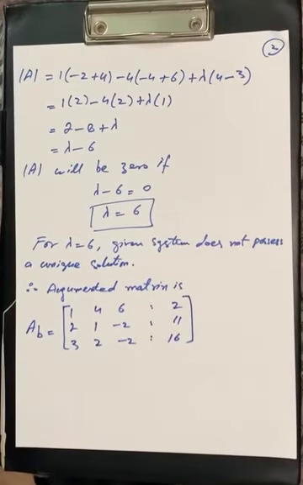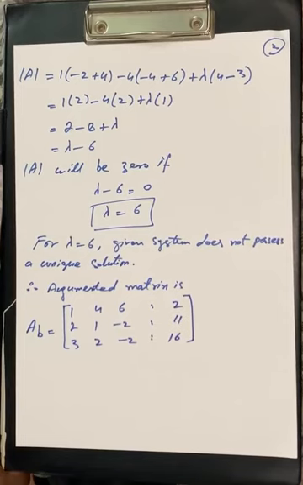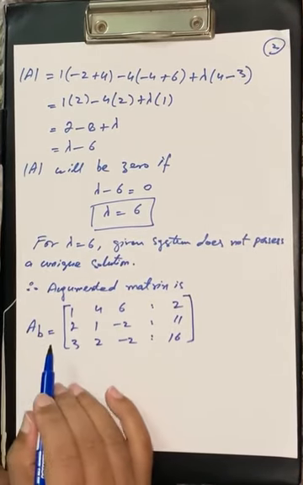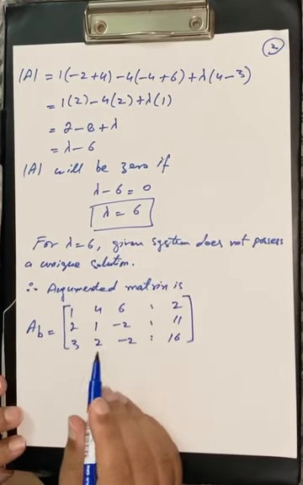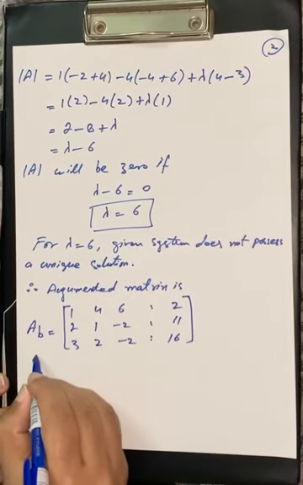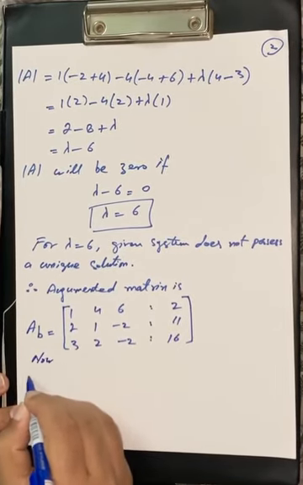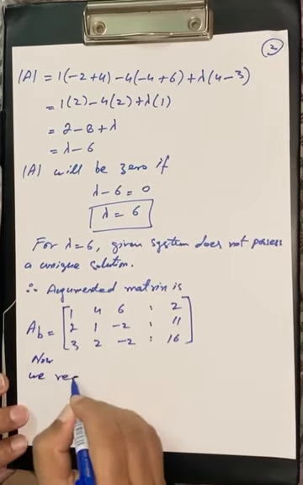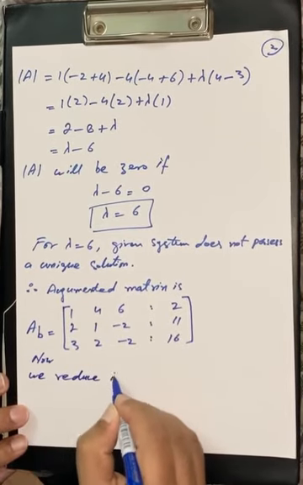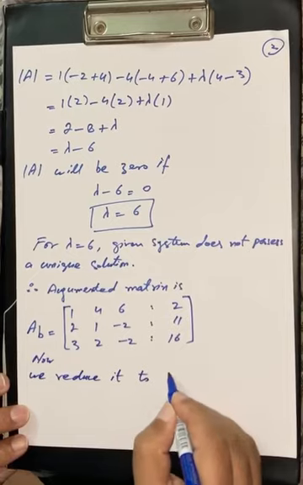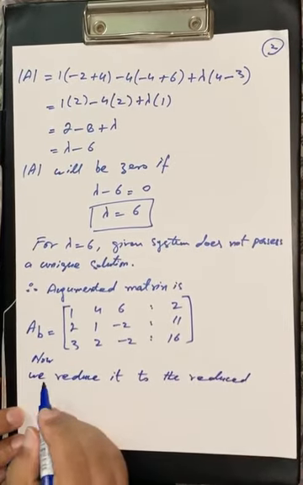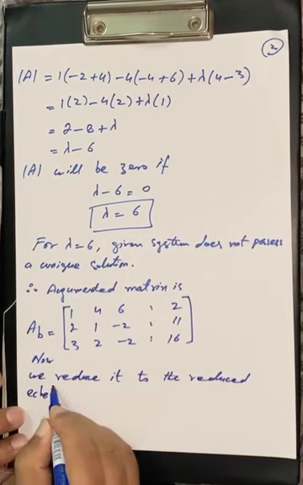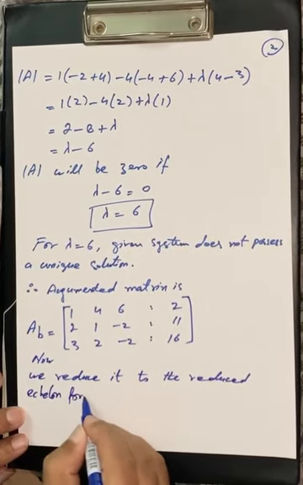So as you know, in question number 3, echelon form and reduced echelon form, we take the augmented matrix. So here we reduce it to reduced echelon form.